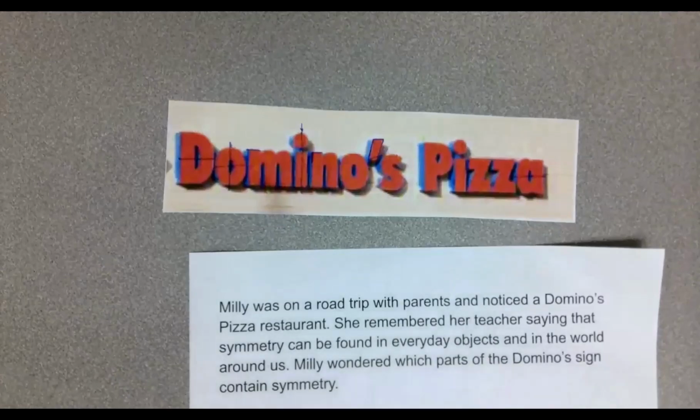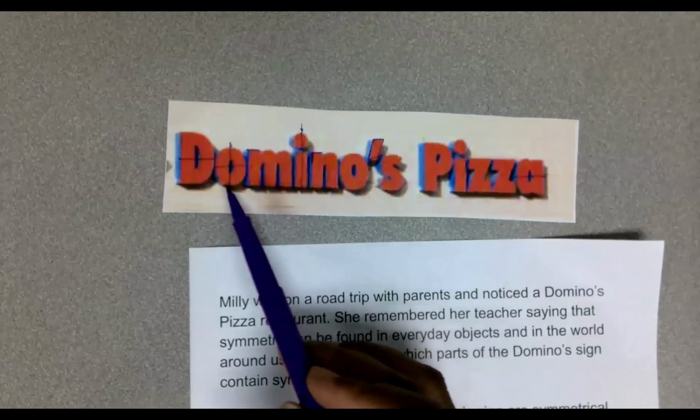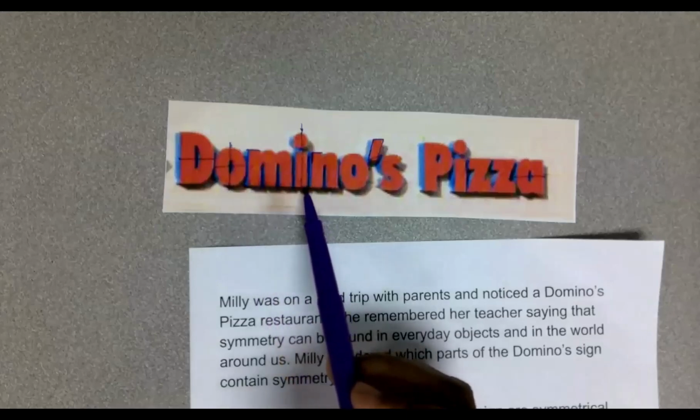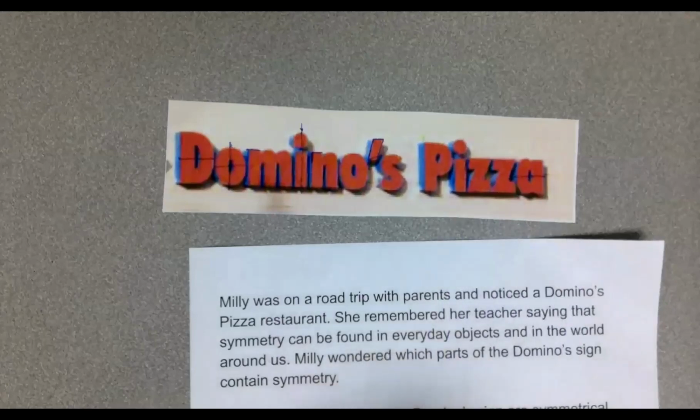That's the reason why I mentioned the font with the Domino's letters. I can see vertical lines of symmetry on the O's and the I's. If I folded one side onto the other, the sides would be identical. These results can vary depending on the chosen font.